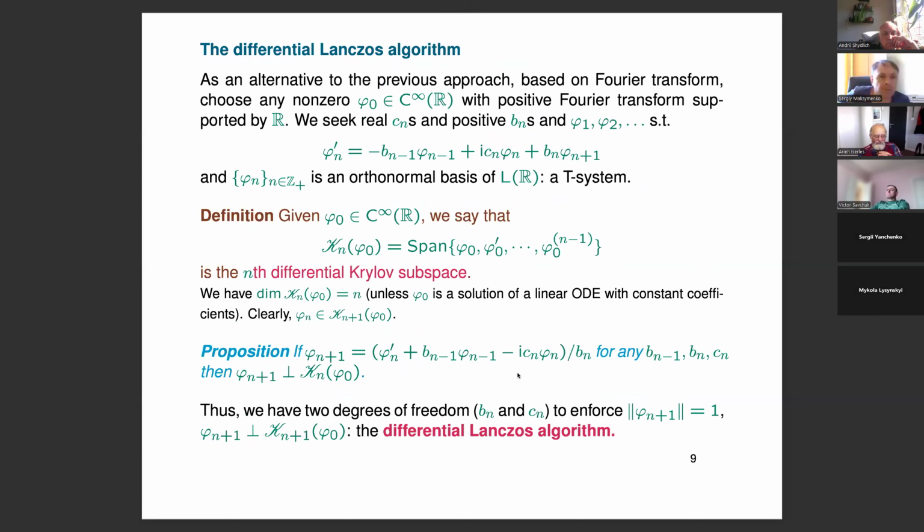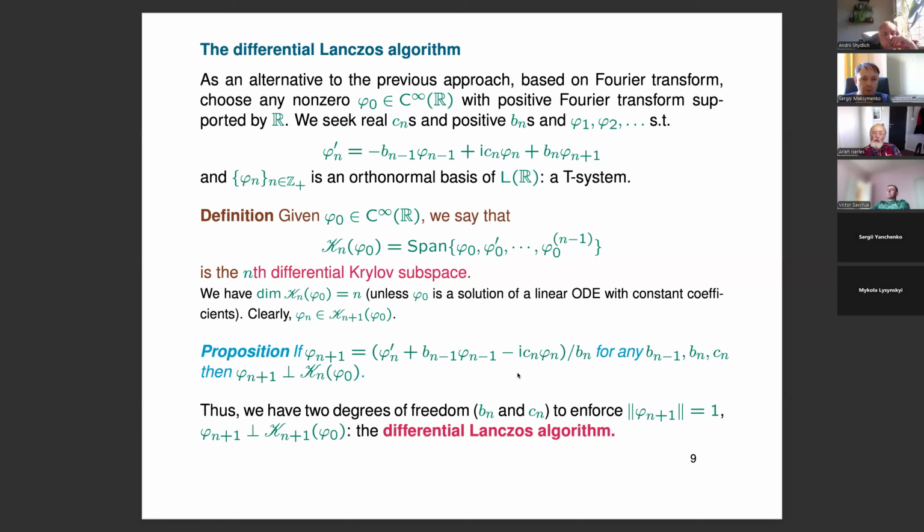Okay, so all this is based on using the Fourier transform, and let me give you a completely different approach to this. And the advantage of this completely different approach is it can be easily generalized to other situations beyond L2. So let us start with phi 0. Take any phi 0, which is a C infinity function on the real line, and all I want is that it has a positive Fourier transform which is supported by the real line. That's all.